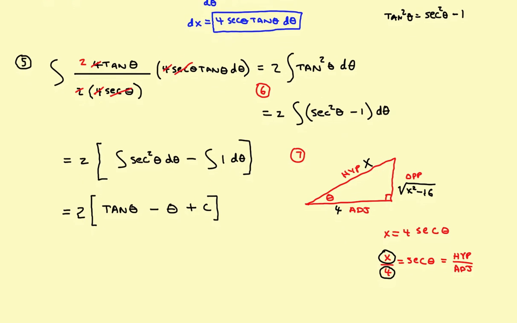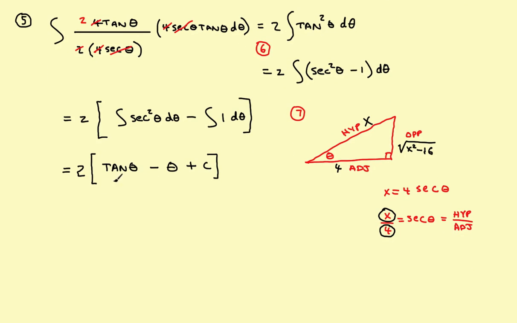Okay, now that you've got the sides of the triangle done, you're ready to change this answer in terms of theta into a final answer in terms of x. So here's the constant 2. And to change that final thing on each one of these, you just have to look at your triangle and get it. So first of all, you want to change the tangent of theta. The definition of the tangent is the opposite over the adjacent.